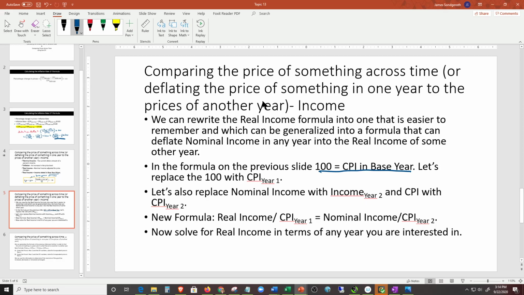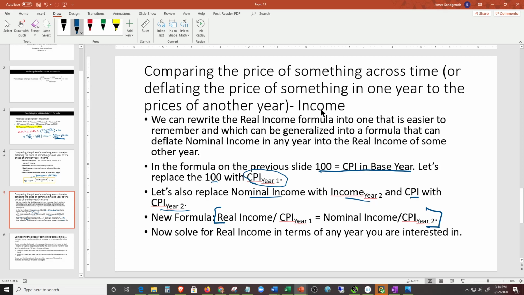So let's replace the CPI 100 with this term, CPI in year one. Let's also replace that nominal income with income in year two, and CPI with, that we divide into the nominal income with CPI in year two. So then we get something like this.